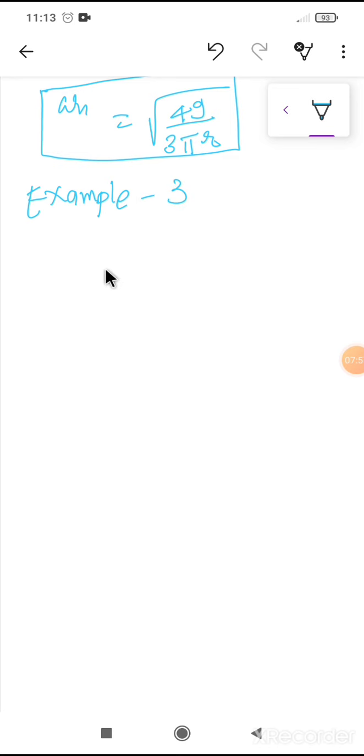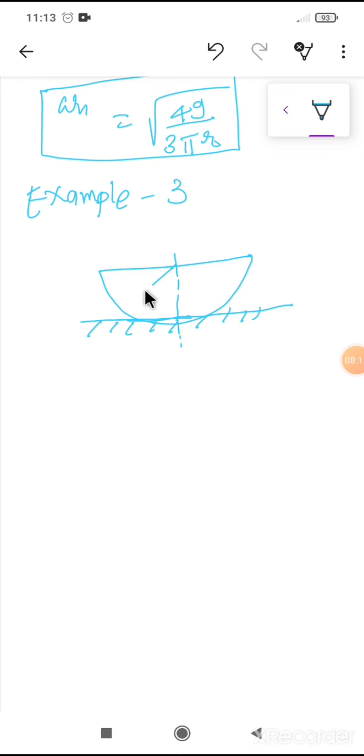A semicircular disk is lying on a flat surface, having radius r and center of gravity G, and we know the distance between this and this is 4r by 3 pi.